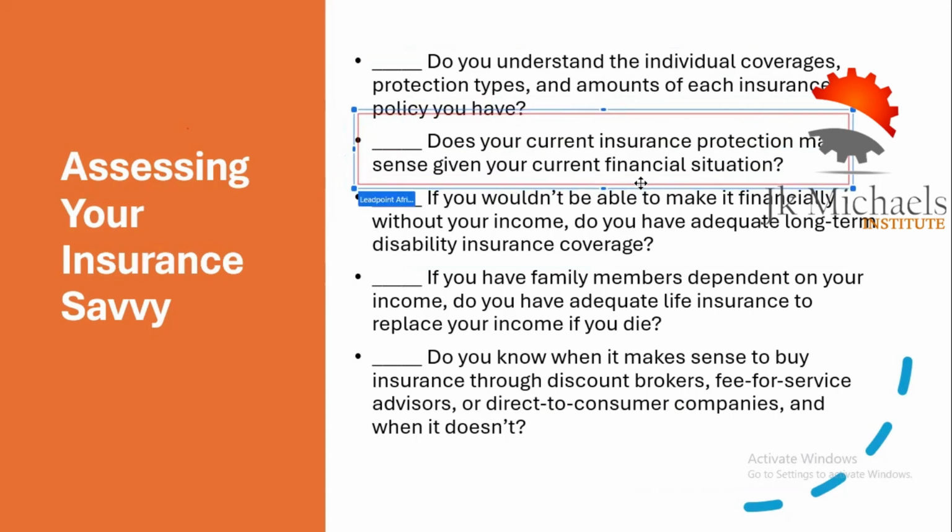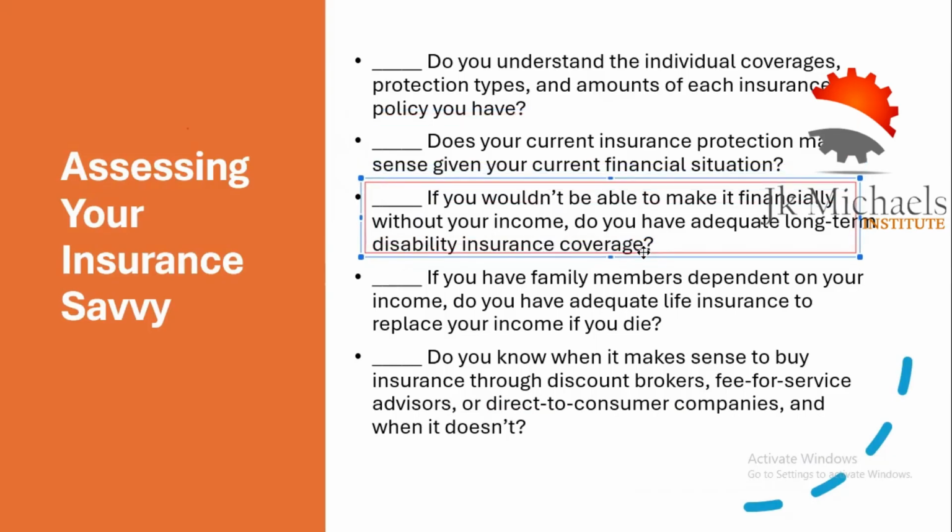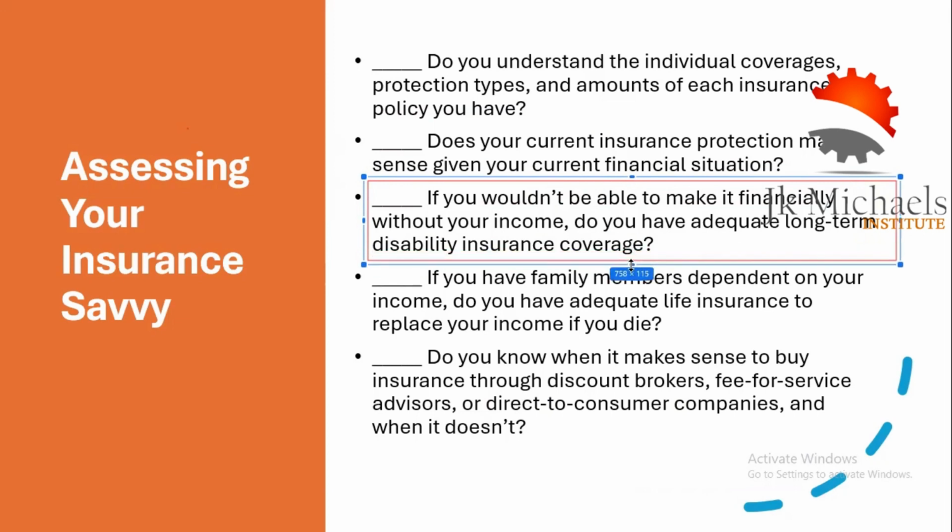So, like I said, you want to insure high value assets that, if lost or destroyed, would significantly affect your financial position. You don't want to take out insurance, especially expensive insurance, for low value items that would have no significant impact on your financial position, right? Now, if you won't be able to make it financially without your income, do you have an adequate long-term disability insurance coverage?